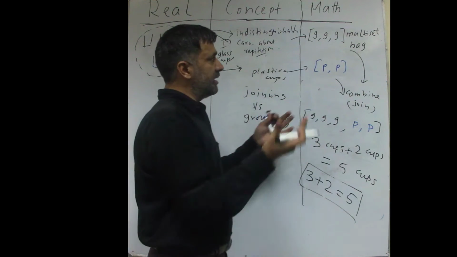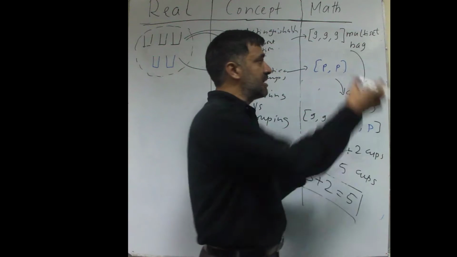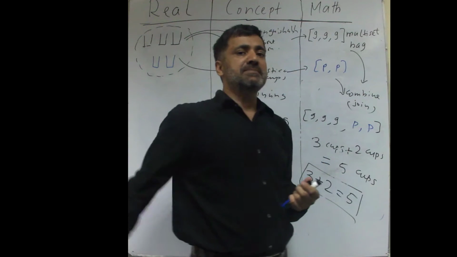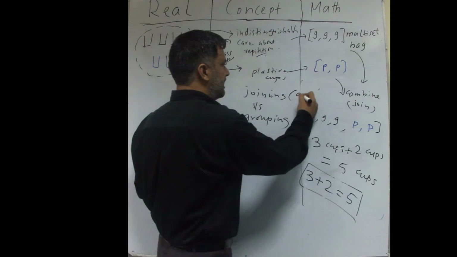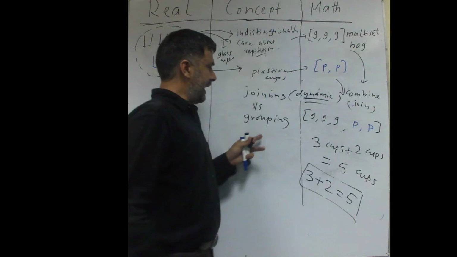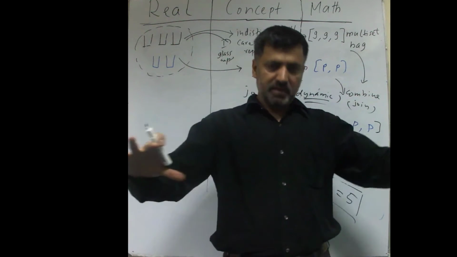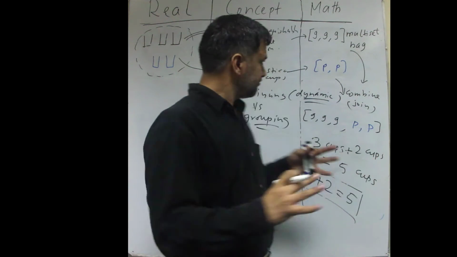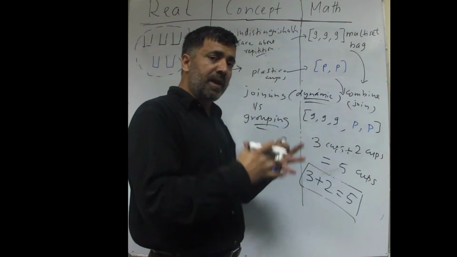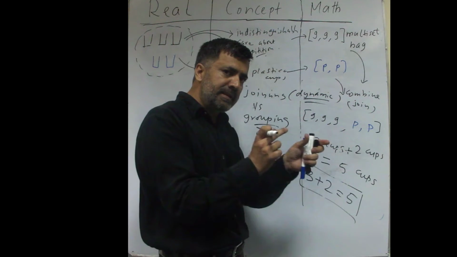In joining, you imagine another multiset coming and joining a previous multiset. Dynamic. This will help you solve problems. And grouping means that there is no joining. You already have a group or collection of objects, and you somehow group it into two.